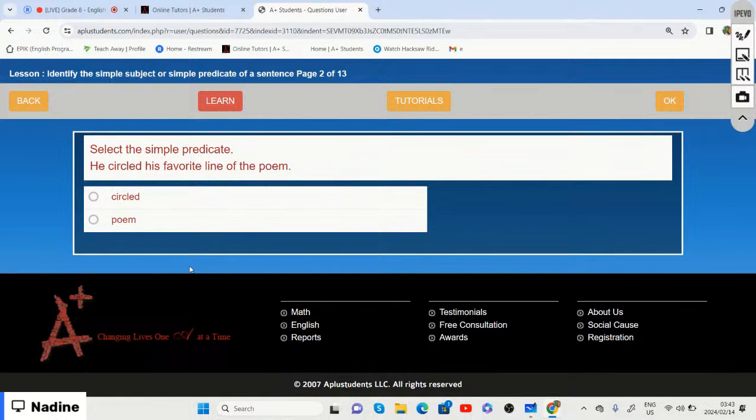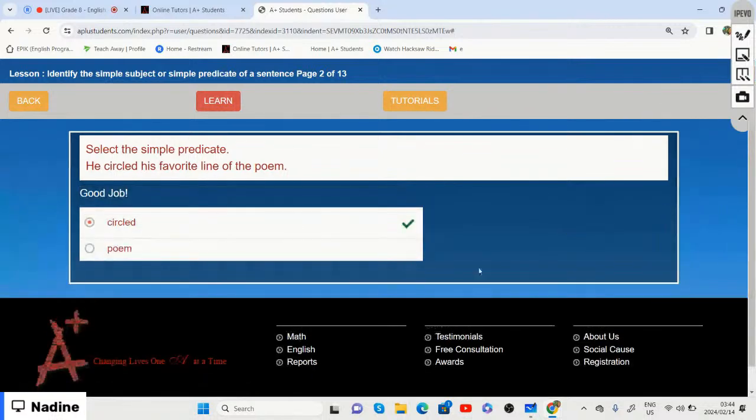Circled or poem? If we select the simple predicate, which is our verb, then we will say it is circled.